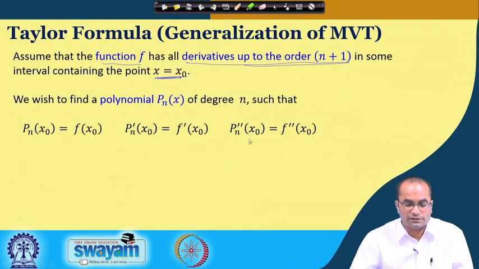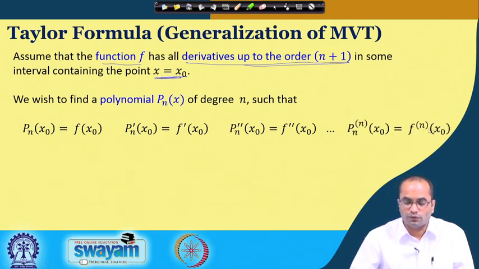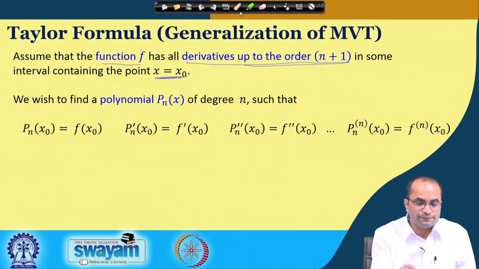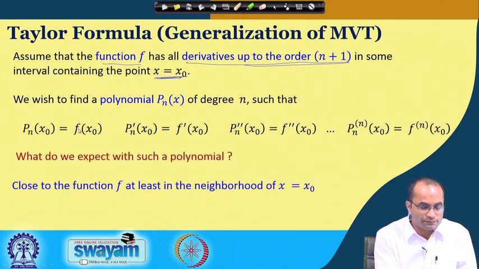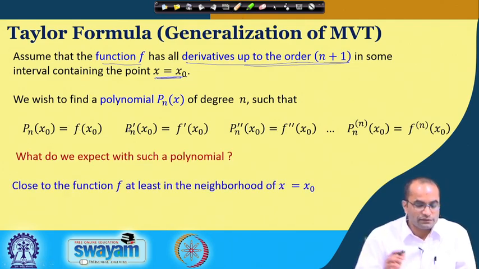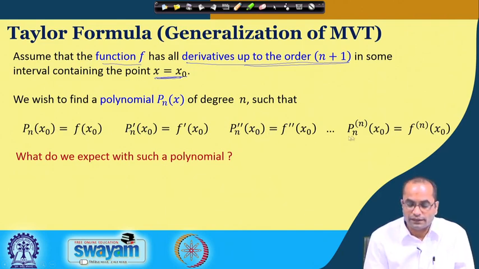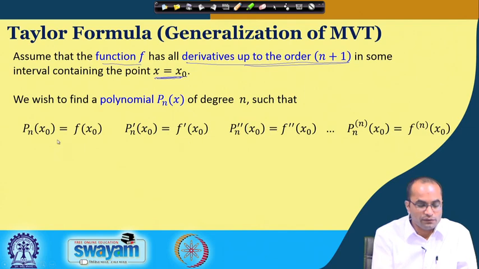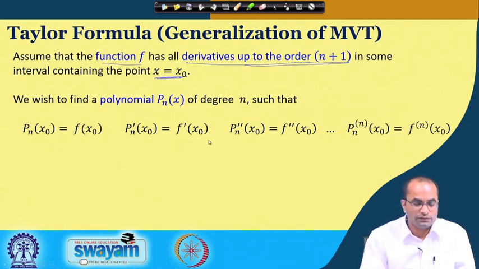The second derivative of this polynomial at the point x 0 is equal to the second derivative of the function at x 0, and so on. So what we assumed basically is that the function value itself, the first derivative, the second derivative and the nth derivative are all equal to the respective derivatives of the polynomial.